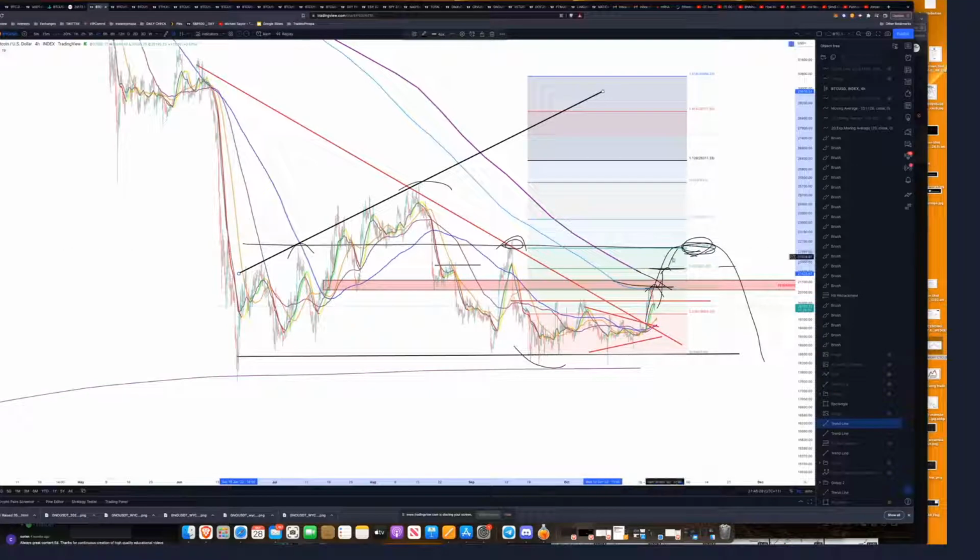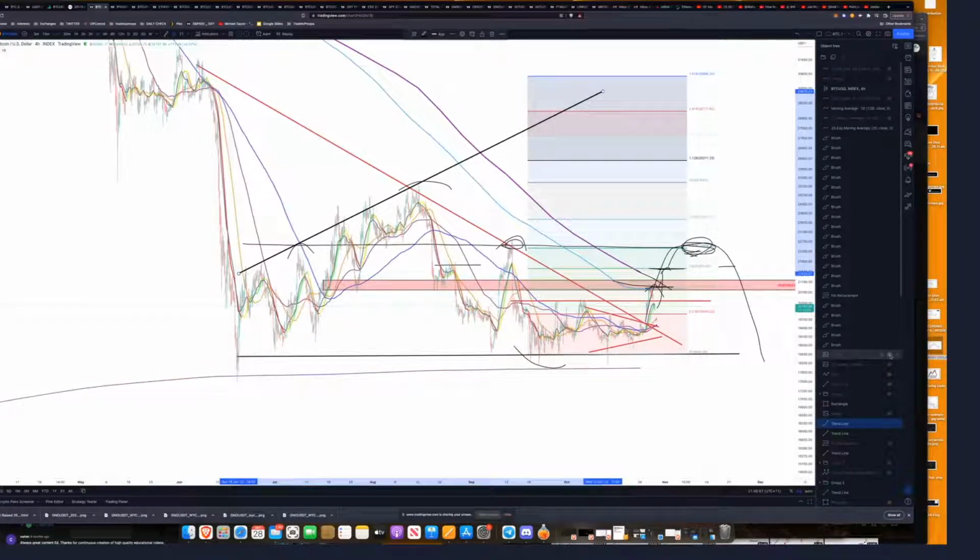Until we break that, I'm not going to go. Then I'm going to say this triangle breakout to the reverse side, which is usually, when it's something like this, a bearish formation. Our trend is still down. However, at the moment, we're there. If we break and we don't pass this level and we come back down, especially if we break this resistance, then it's going to go down.